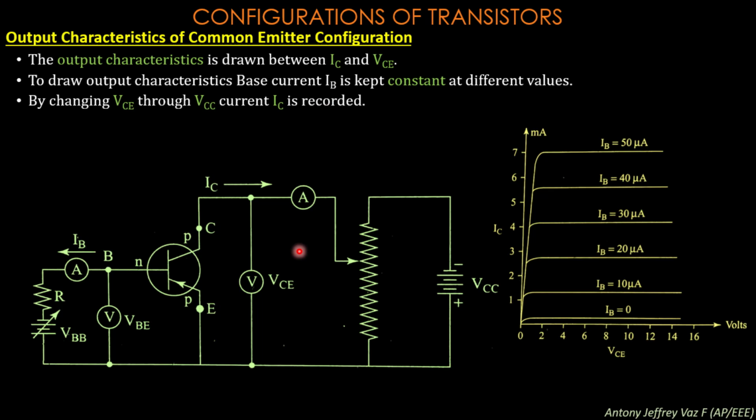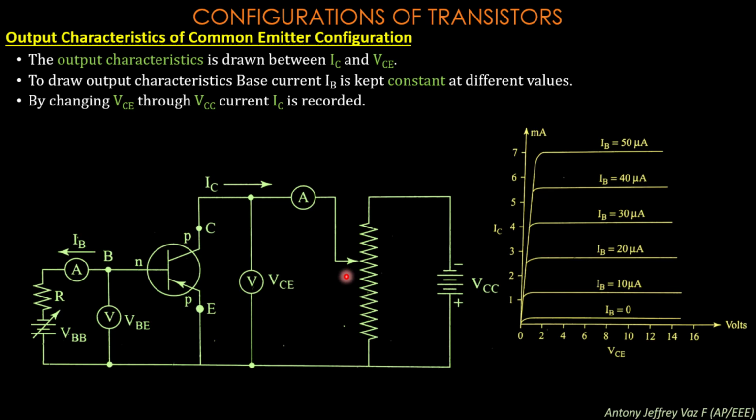Next you are going to change the voltage VCE. To change this voltage, you need to adjust the voltage of VCC. To change the voltage across VCC, you need to change the resistance.